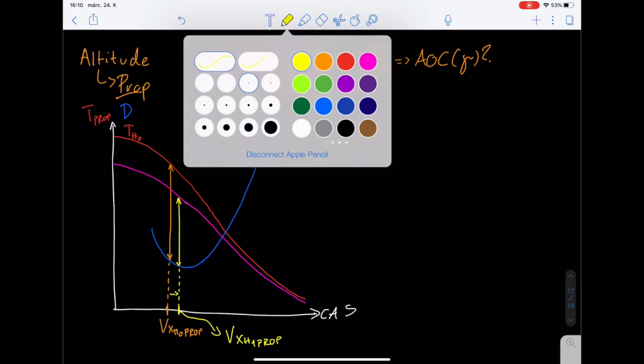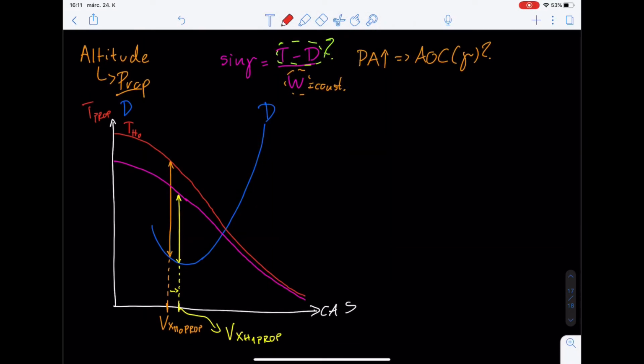So there's the answer to the initial question we asked right here: what is the effect of the pressure altitude on the excess thrust and therefore on the angle of climb. With increasing pressure altitude, the excess thrust is going to reduce, and therefore the angle of climb is going to reduce as well.